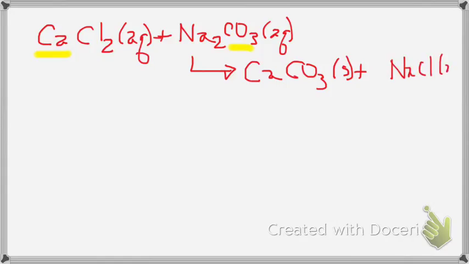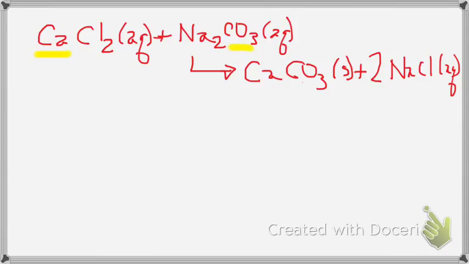Sodium chloride is definitely aqueous. Now we have to balance the equation. Since we have 1 calcium, 2 chlorides, but we only have 1 chloride, we need to put a 2 in front of that. And lo and behold, we now have 2 sodiums, 1 carbonate, 1 carbonate. So that's our balanced molecular equation.